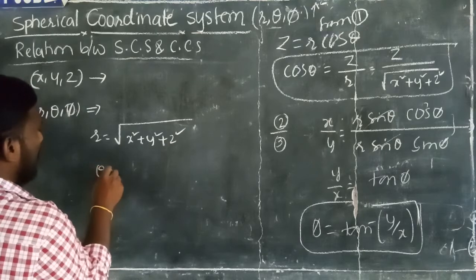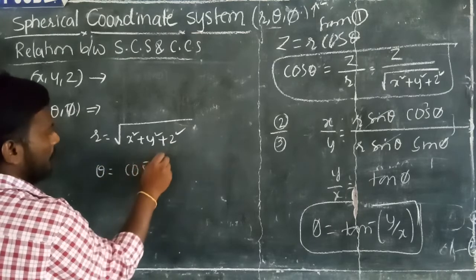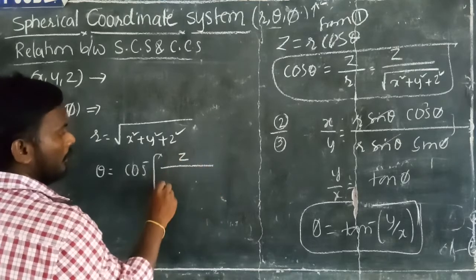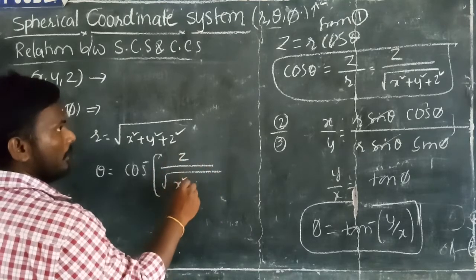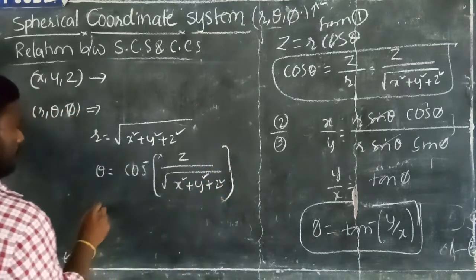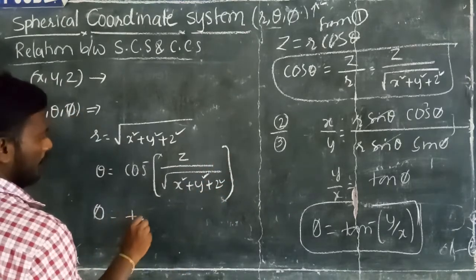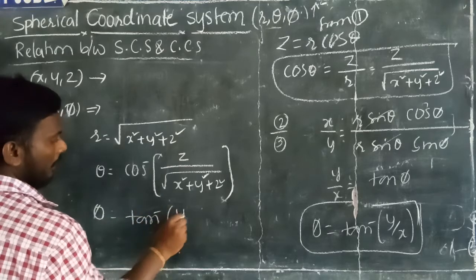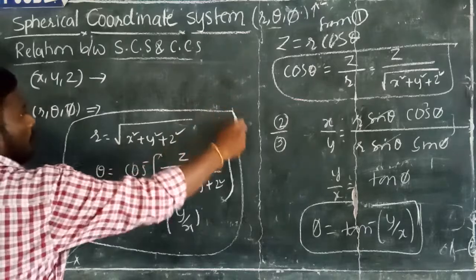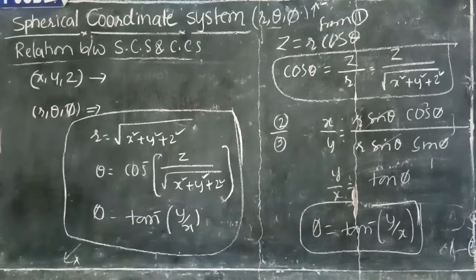Next, theta can be calculated from cos inverse of z by under root of x square plus y square plus z square. Next, phi can be calculated from tan inverse of y by x. This is the conversion from Cartesian to spherical coordinate system.